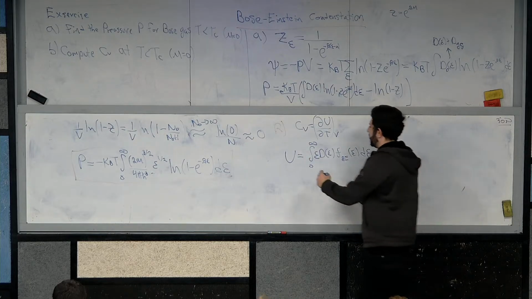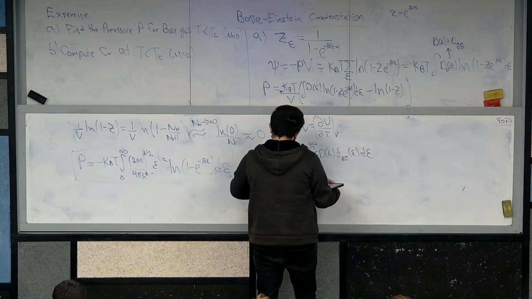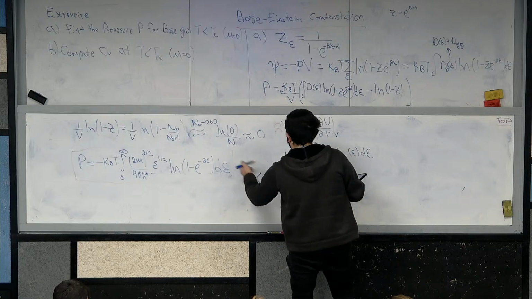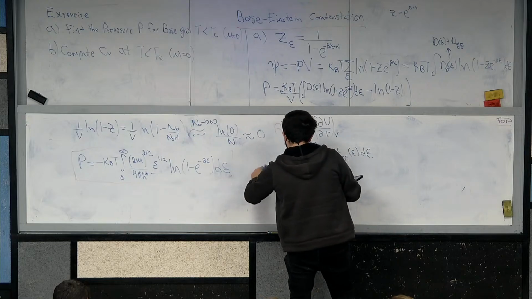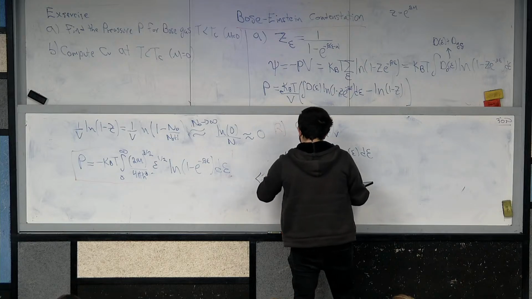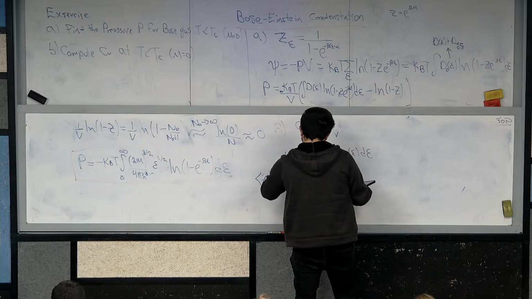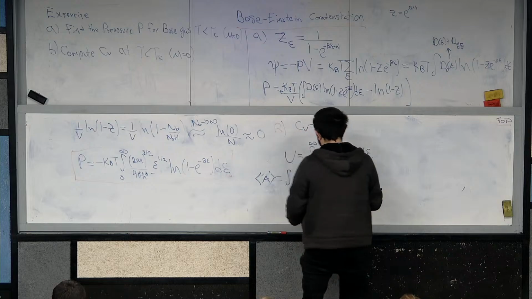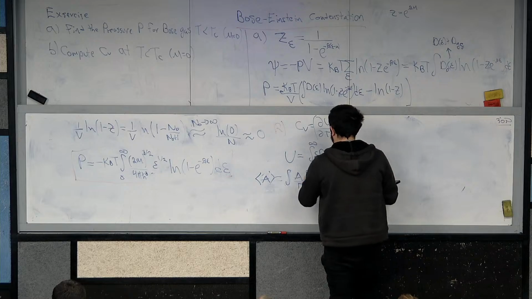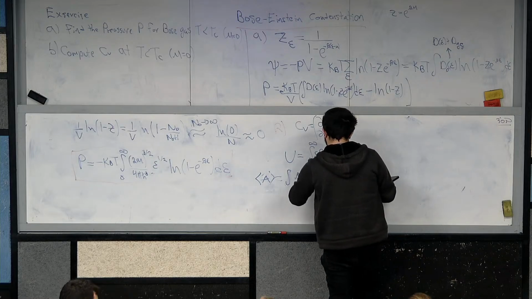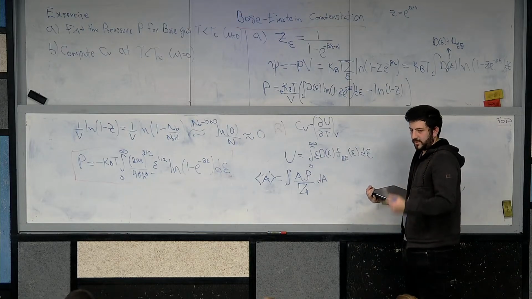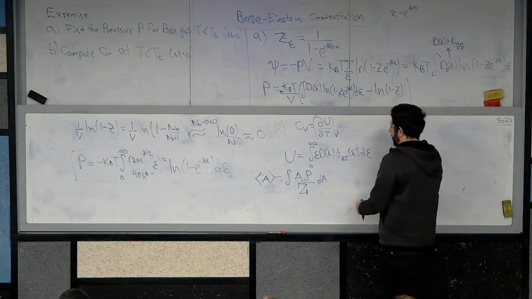Whenever I want to compute a quantity, like any thermodynamical quantity, I can compute it as an average: an integral over A times the density, over the partition function, the thing that I'm summing up. This is just the usual way of defining the average. This is the probability density. Okay?